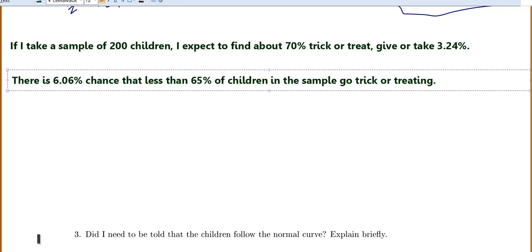Okay, and then number 3, do I need to be told that the children follow the normal curve?